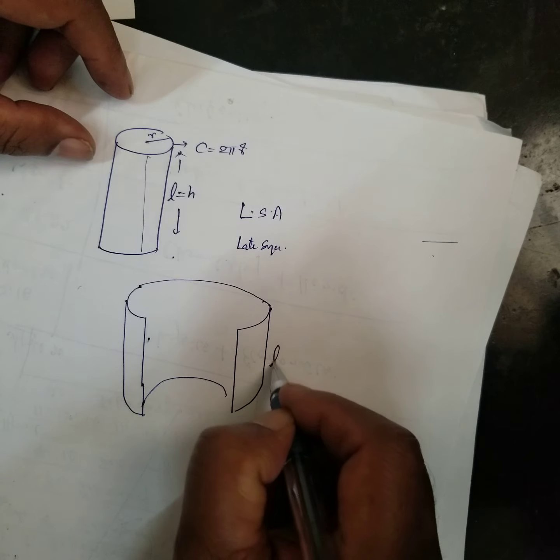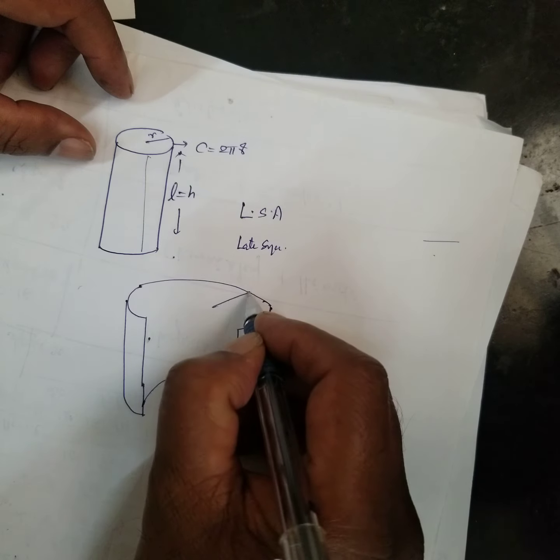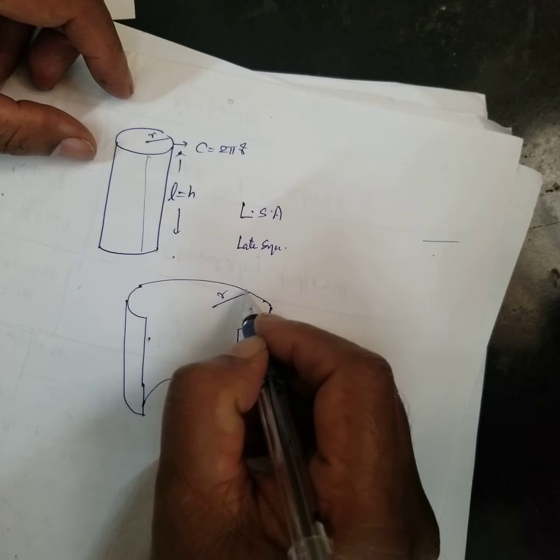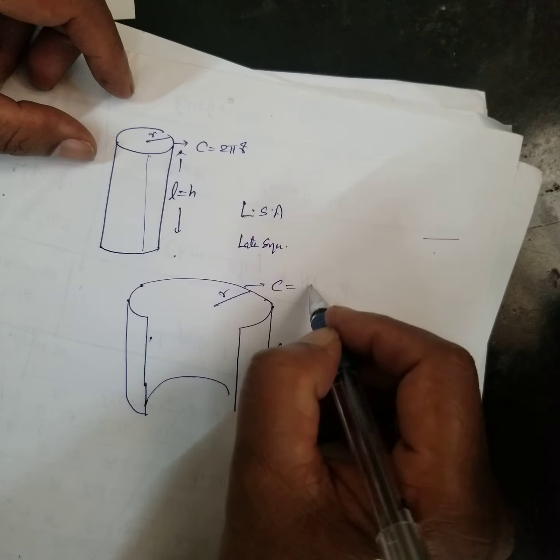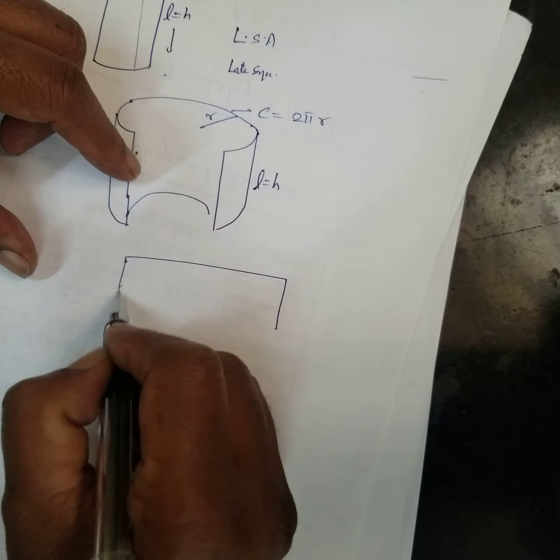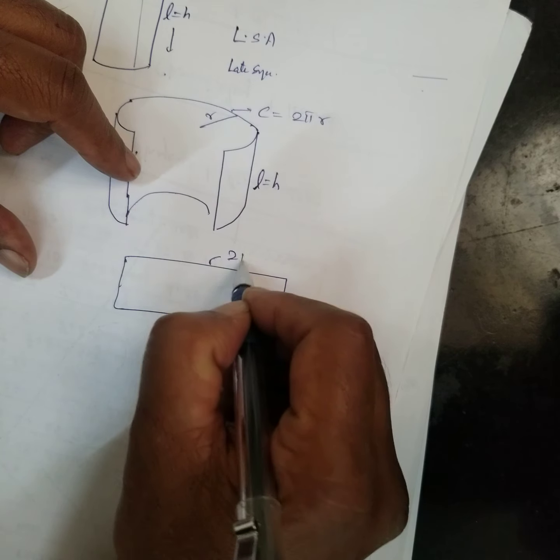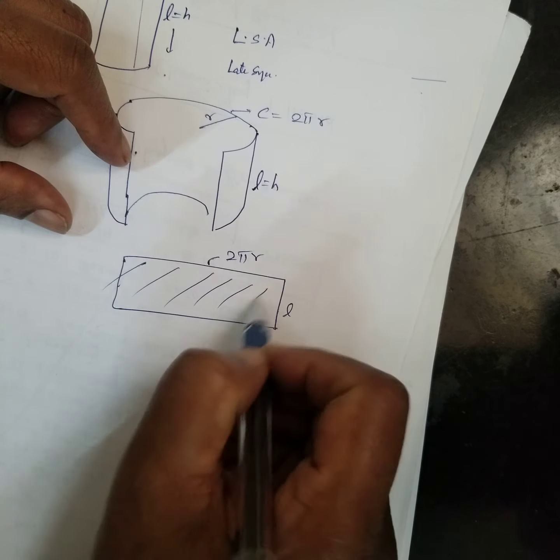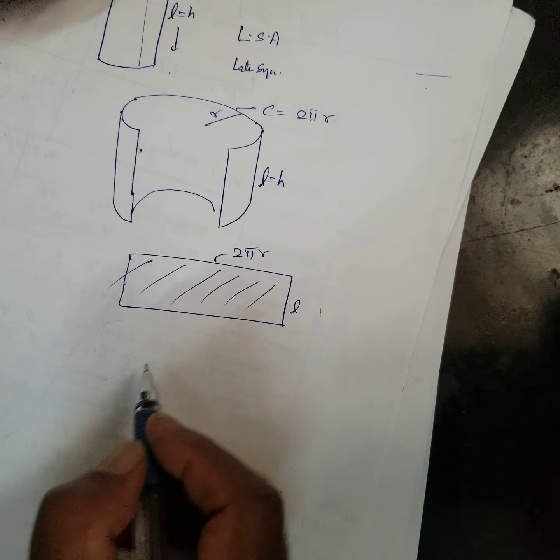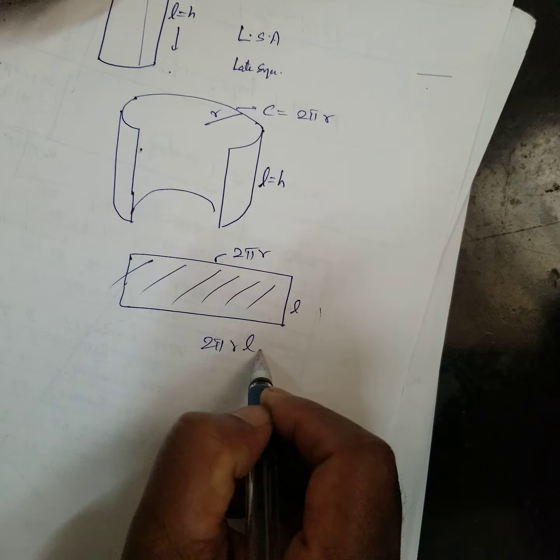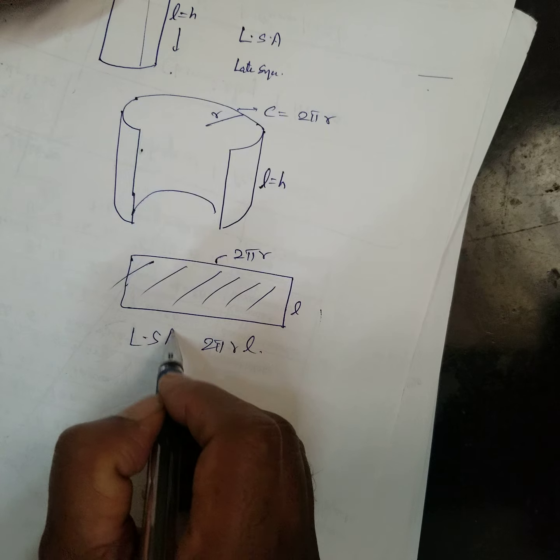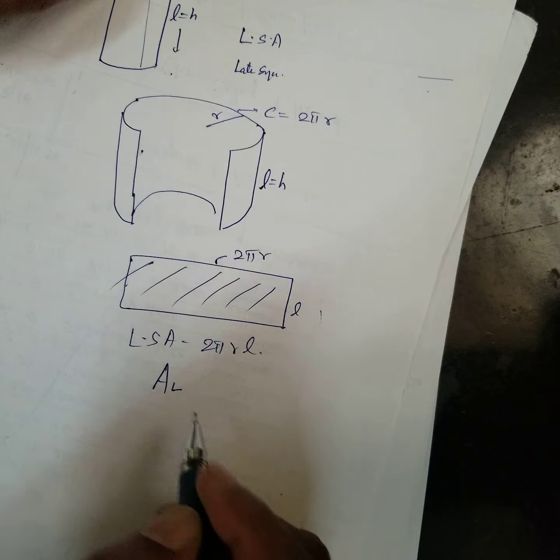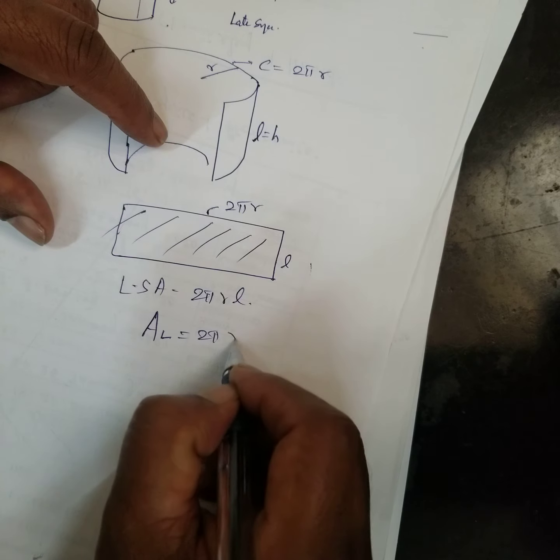This is L or H, and the circumference is 2 pi R. So the lateral surface area is 2 pi r into L.